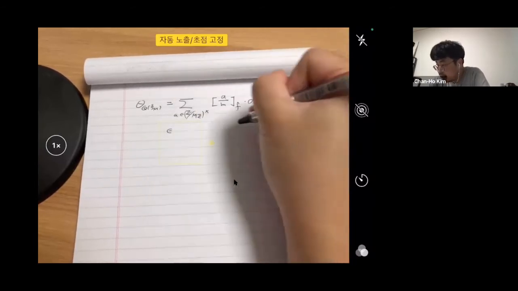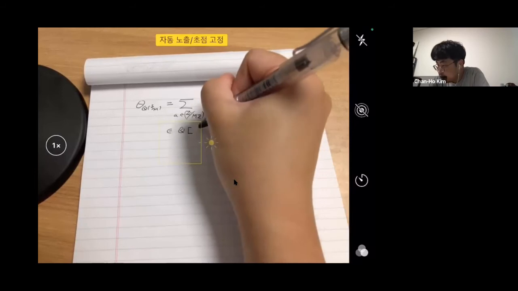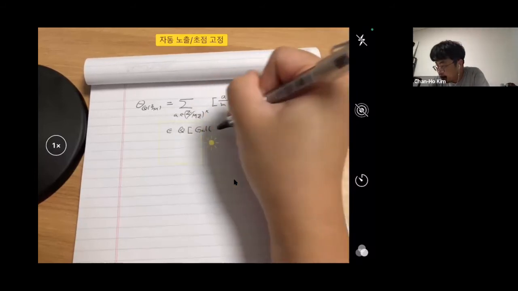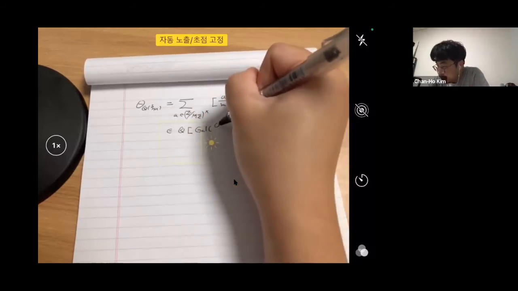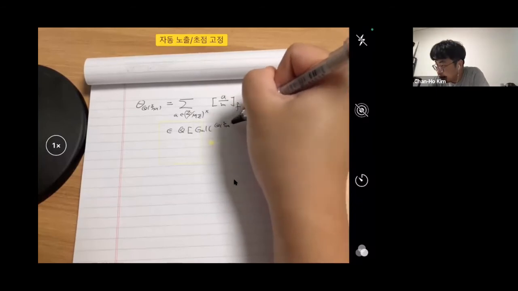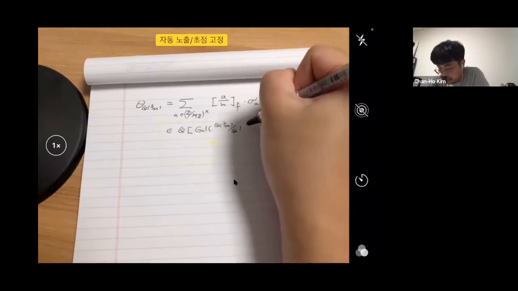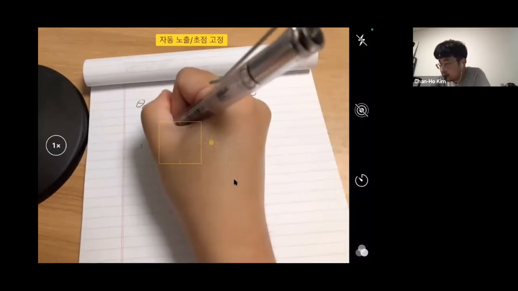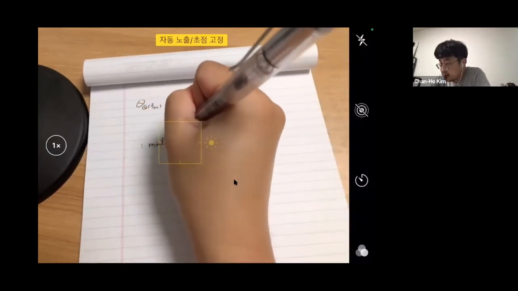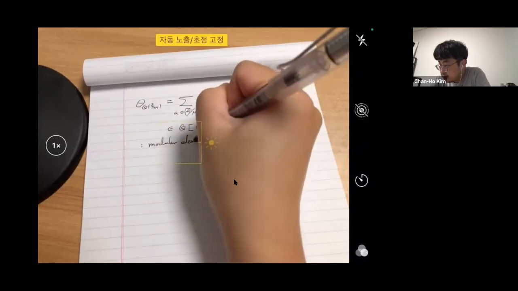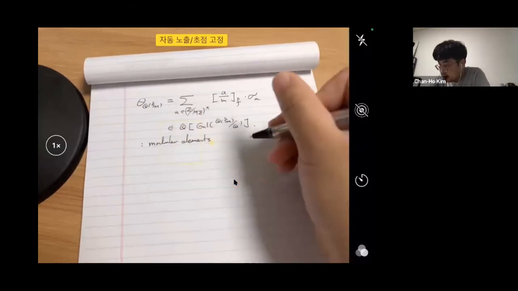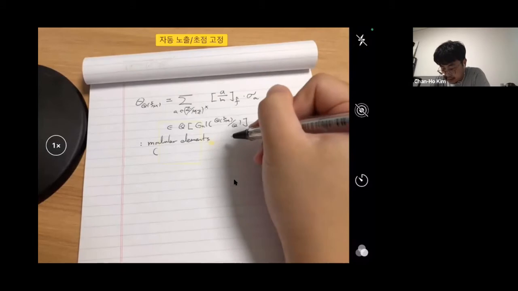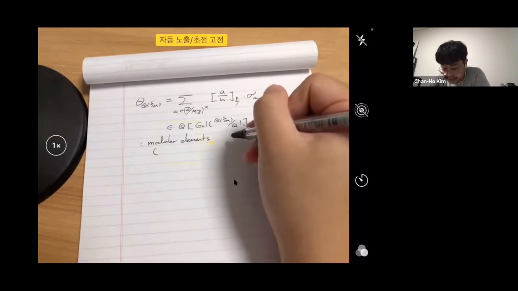And this lies in the group ring over Q of Gal(Q(zeta_M)/Q). And this is called the modular element. And this is the elliptic version of the Stickelberger element.